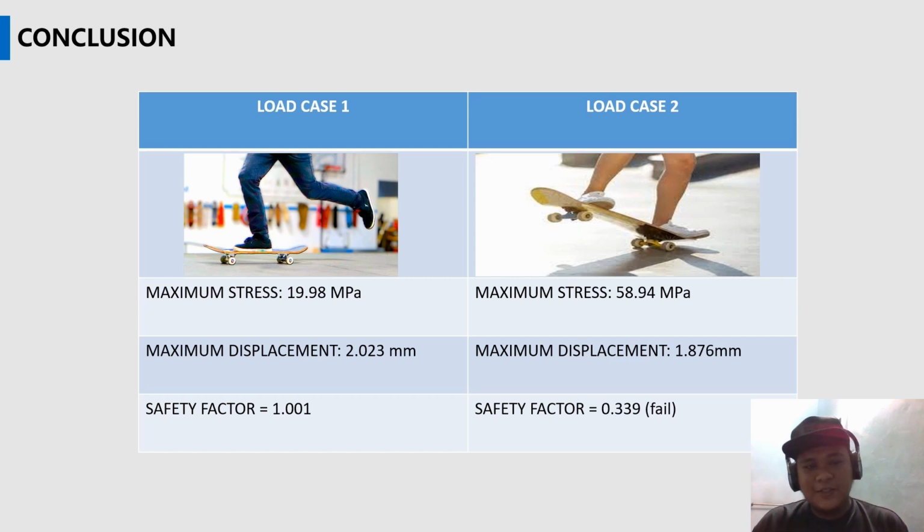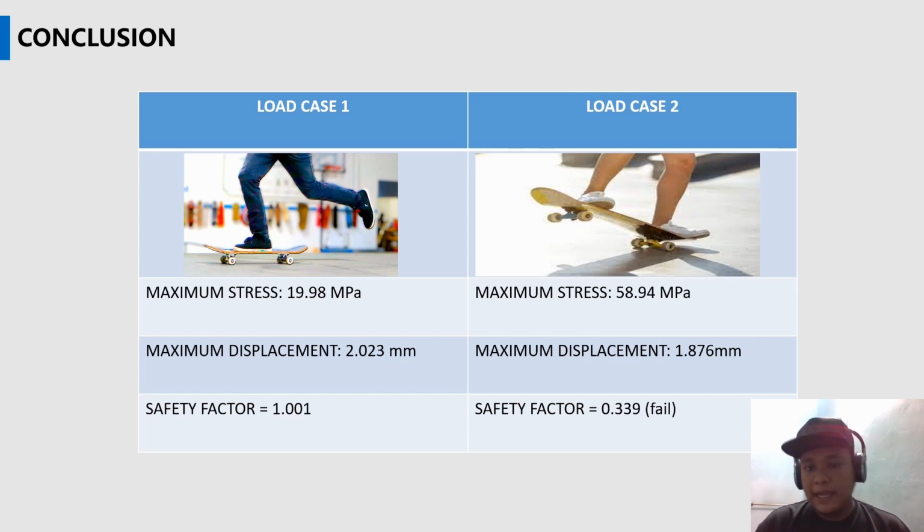So, thanks to Mr. Wekang and Lin Chung Teng for the great explanation of load case 1 and load case 2. So to conclude, we can make a comparison between these two load cases. The first thing is the maximum stress at load case 2 is higher compared to load case 1.